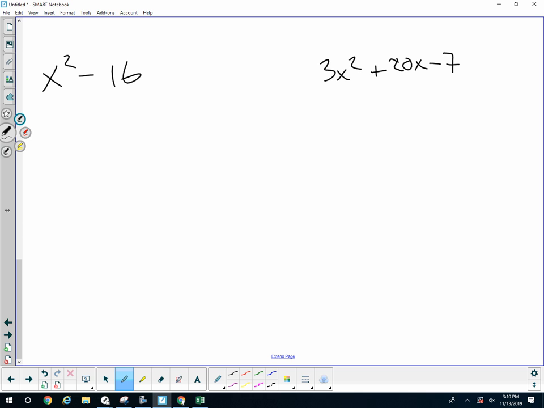Please factor both of those. One on the left is easy, the one on the right is hard.